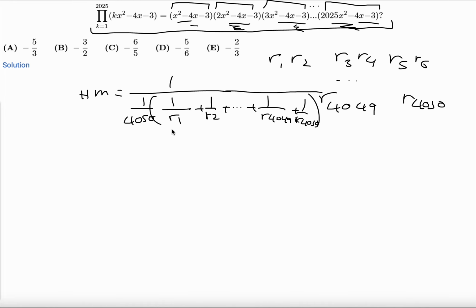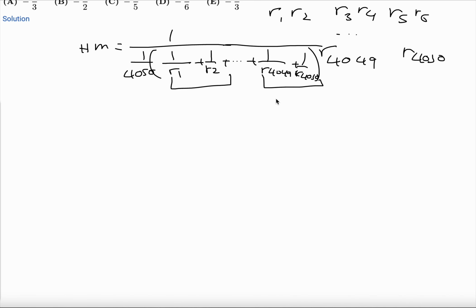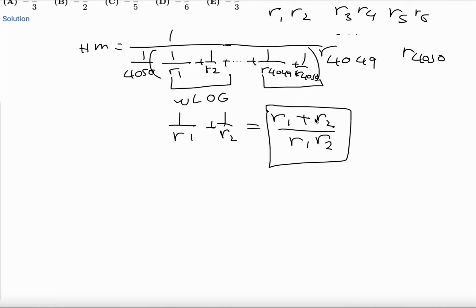What we can do here really quickly, because we have each of these quadratics, is try grouping these in terms of 2. So without loss of generality, let's take this first one, 1 over R1 plus 1 over R2. It's pretty standard that we can figure out this is equal to (R1 plus R2) over (R1 times R2) if we just find the common denominator and do the addition. What's really key about this form is that we can find it by Vieta's formulas.